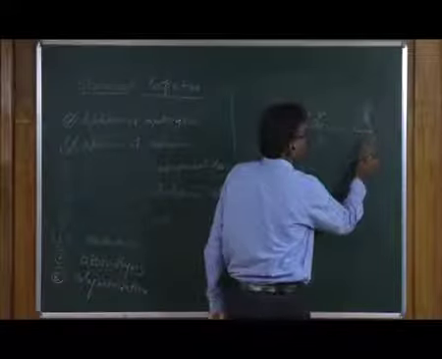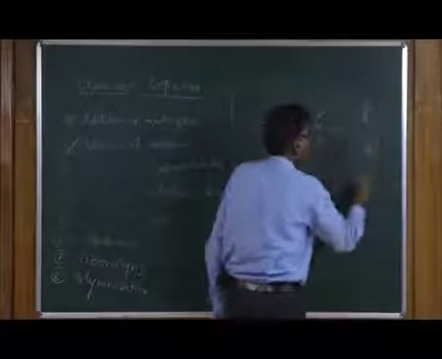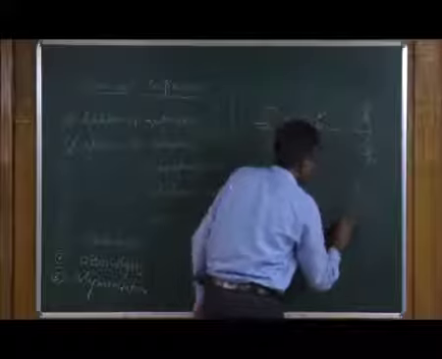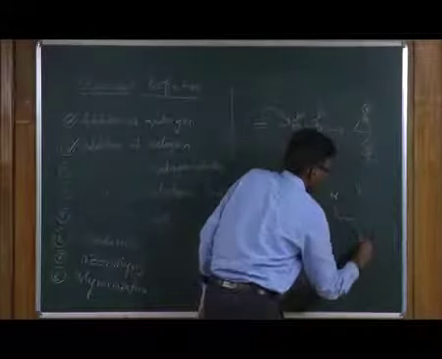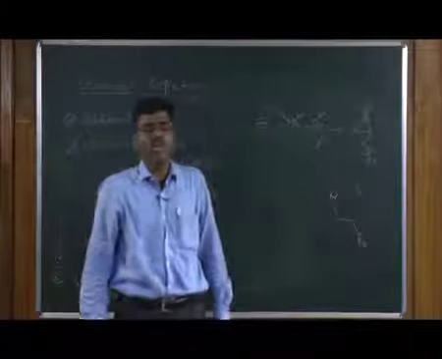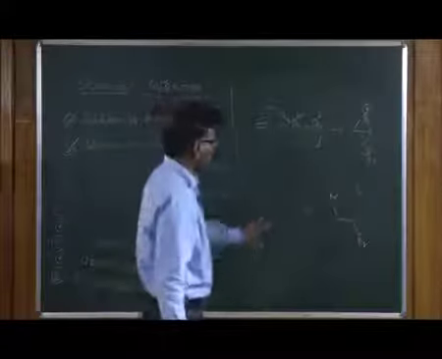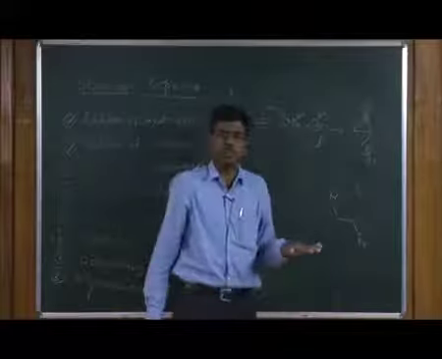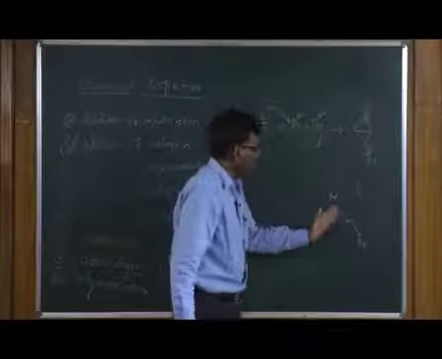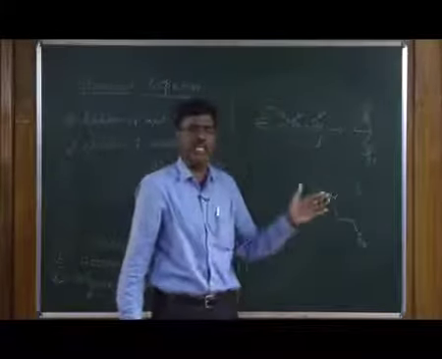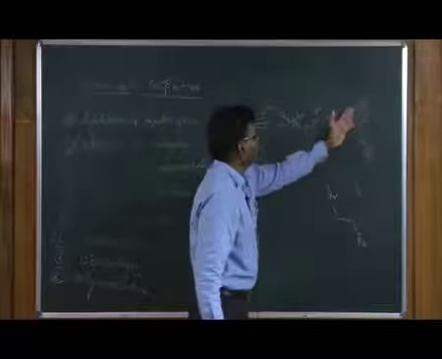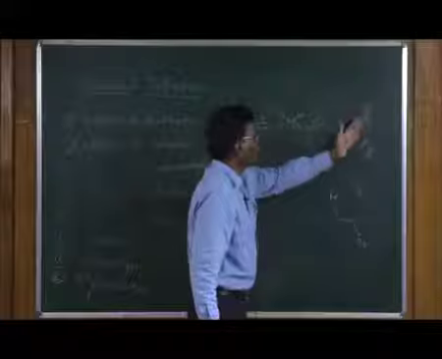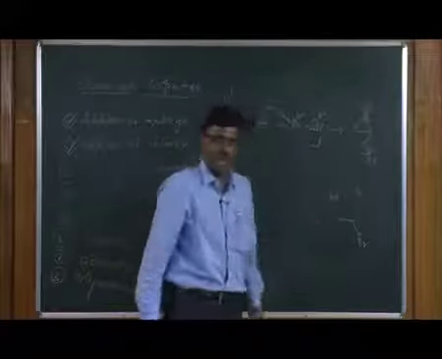Suppose it reacts here, anti to this bromine, you get the 1,2-dihaloalkane. This is also a stereospecific reaction: the addition of bromine takes place anti, just opposite to this bromine, giving the anti addition product.